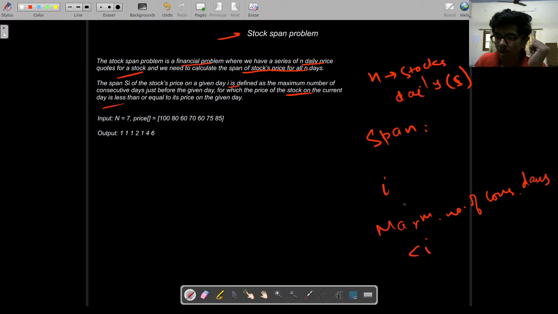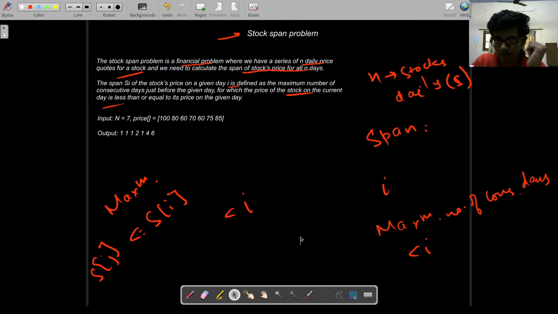This means that if we are at the ith position, then for all the days before I, we have to count the maximum such that S of I is greater than or equal to some previous stock, let's say S of J. So if I scroll down, given n stocks, I have to calculate the span.